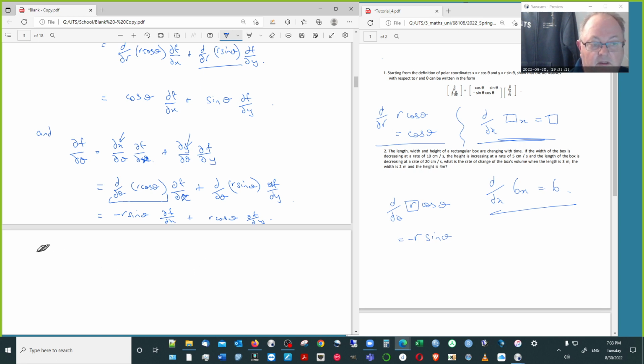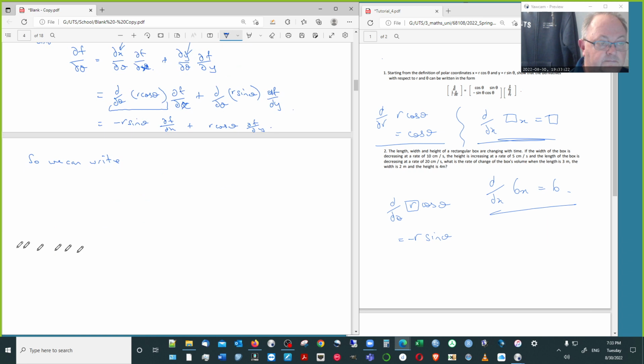Okay, so we can write df dr. Now if we take r across the other side for the df d theta, that again is another little explanation that I'm providing.